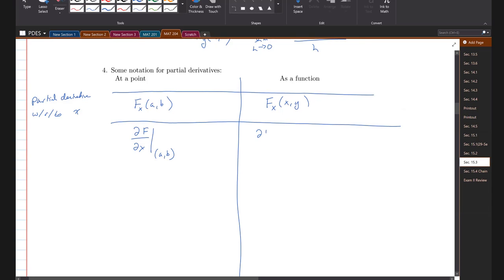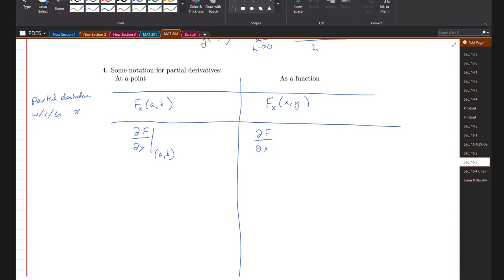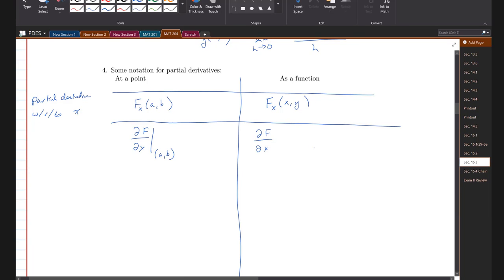So if I think about the partial derivative of f with respect to x as a function, I would just write it this way. That's one way to do it. Another way to do it is to say that's the partial with respect to x of f of x, y.